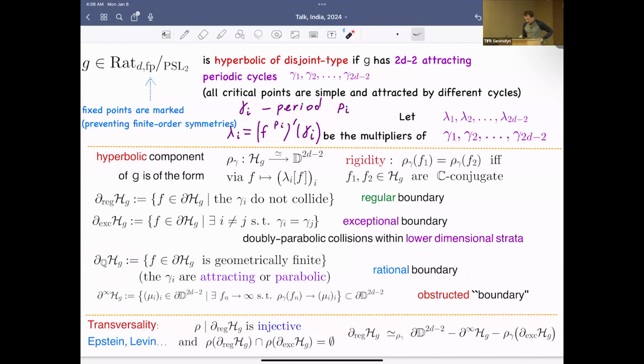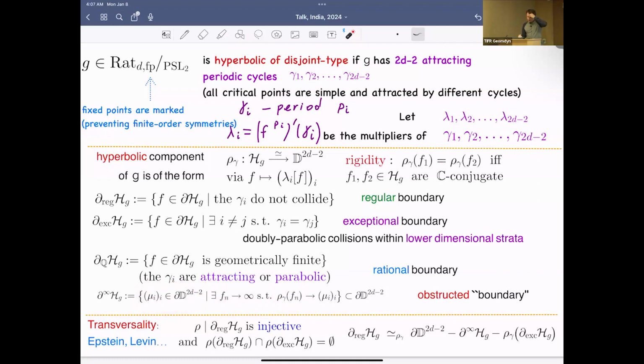This is the set of multipliers that are not accessible. Or more precisely, we would like some sequence of maps that go to infinity so that the multipliers of this sequence go to our obstructed parameter.